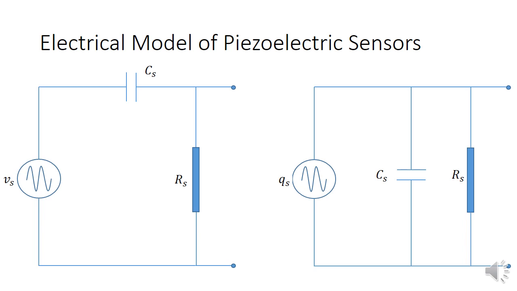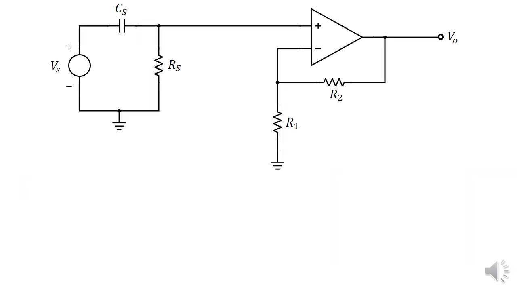The first method that we will use is basically the voltage amplification. So this is our piezoelectric crystal, right? You have a voltage, the capacitance of the crystal, and the leakage resistance. One way to amplify this voltage would be to just give it to a non-inverting amplifier.